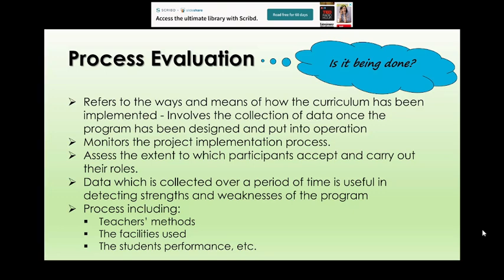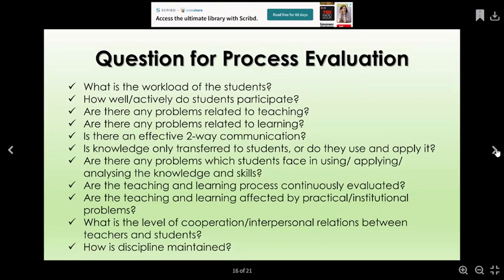When data is collected from them, it should detect the strengths and weaknesses of the program. That is a formative evaluation. The process includes the methods used by teachers for implementing the topic, the facilities used, and the student performances.